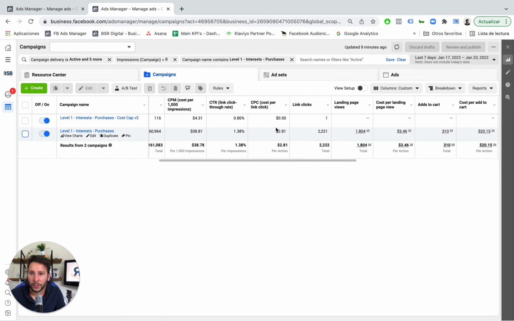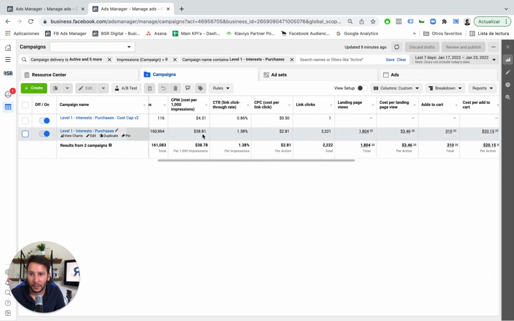And now we are getting a CPM of 38, from 29 to 38. And the CTR is slightly lower than the CTR that we used to have, 1.46. Now it's 1.38. That's okay. A little bit, right? But this increase is huge. And that's why the CPC jumped from 2 to 2.80.